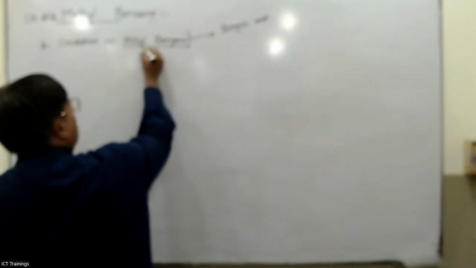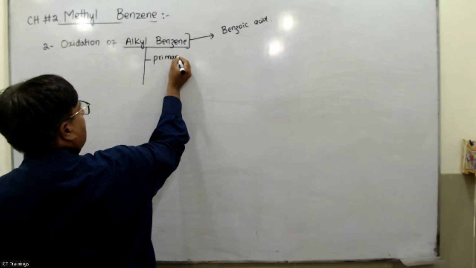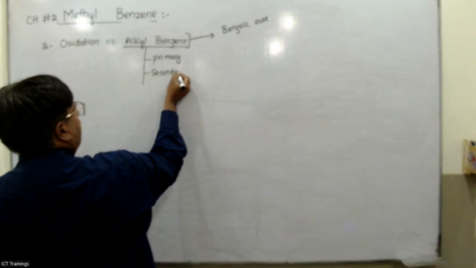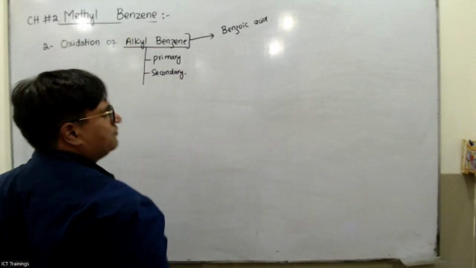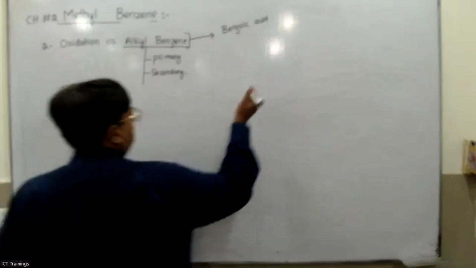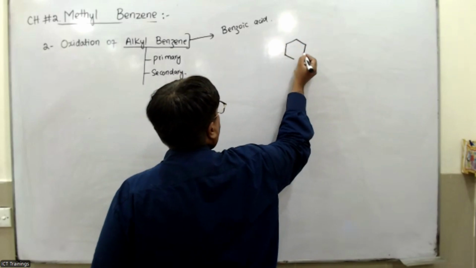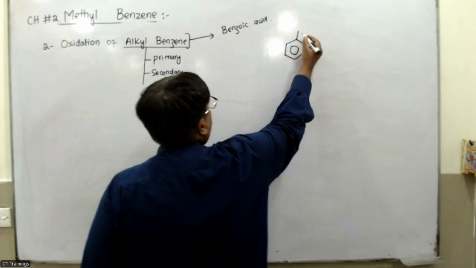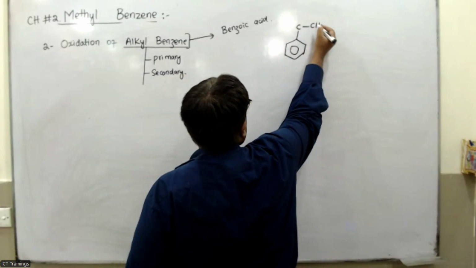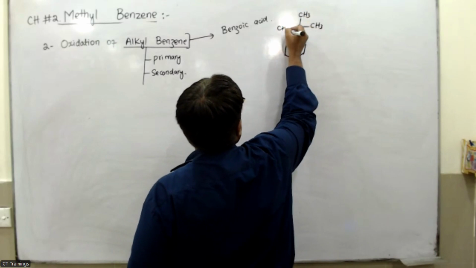The second thing, only primary and secondary alkyl groups undergo oxidation. The tertiary one doesn't undergo oxidation. Let's suppose, if you look up here, this is carbon, this is CH3, this is CH3, and this is CH3.